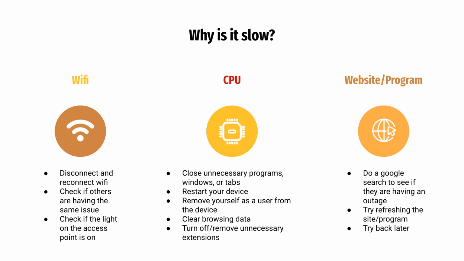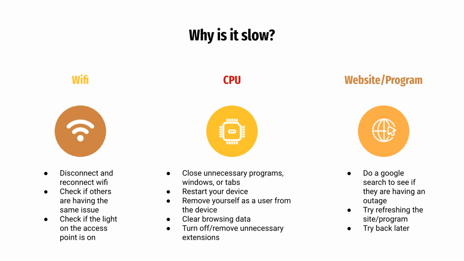This will clear your local data. You can clear your browsing data by, when you have one of your windows open, clicking the three dots in the top right-hand corner, going to More Tools, and then Clear Browsing Data is one of the options. And you can turn off or remove unnecessary extensions. These will all be things that will help support the running of your device.